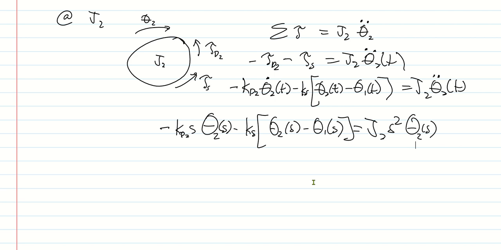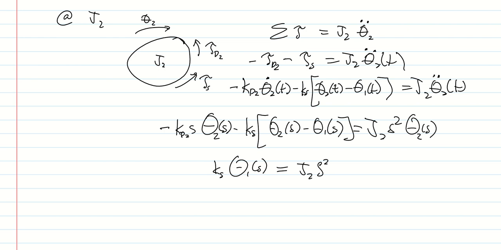If we distribute this and put all the others on the other side, we have positive Ks times theta 1 of S, and they are all equal to J2 S squared.